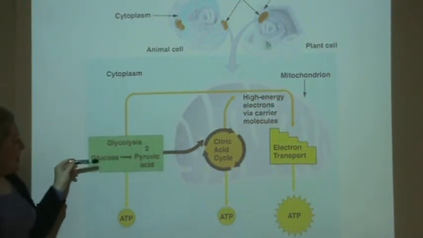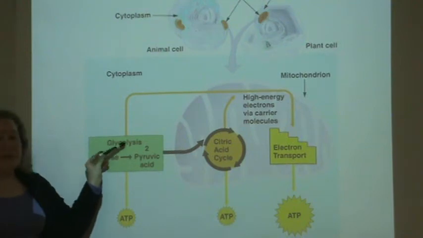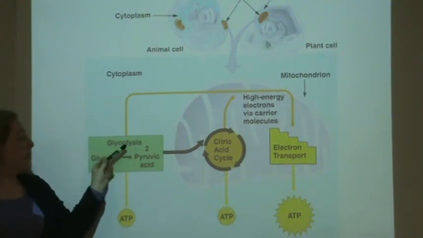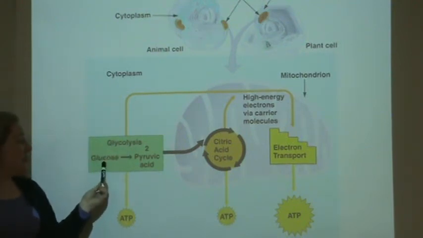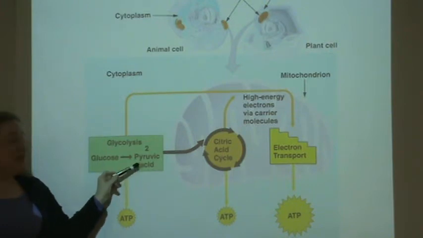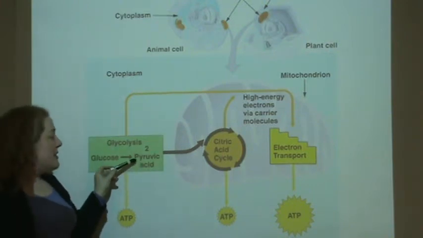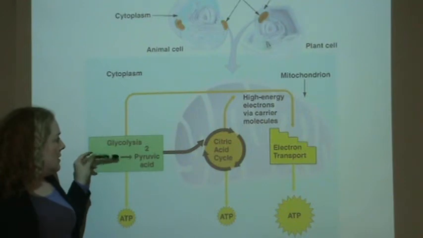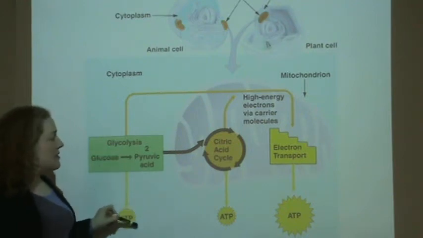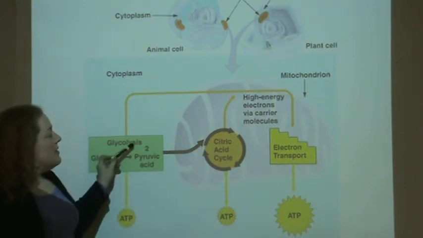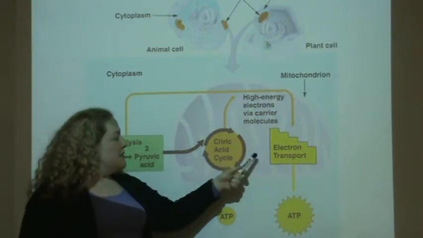And what I talked about in the last video was glycolysis, or sugar breaking, where we're taking the 6-carbon glucose and splitting it into 2 pyruvic acid molecules. And that process produces some ATP. And then the next 2 steps are the focus of this video today.